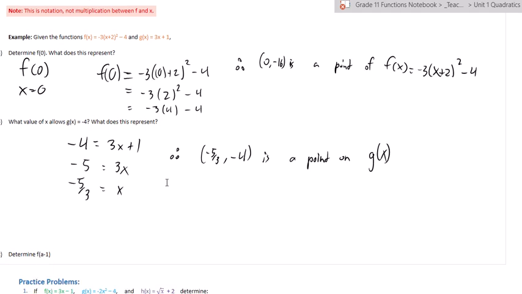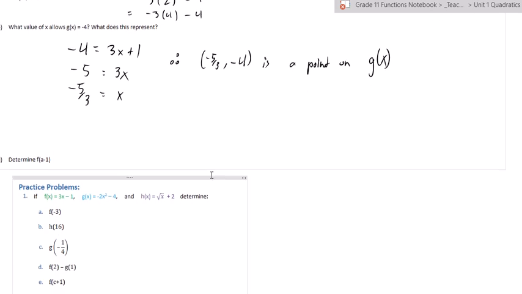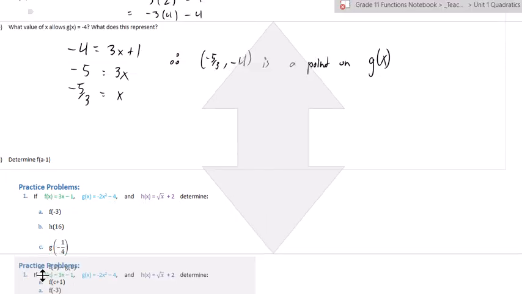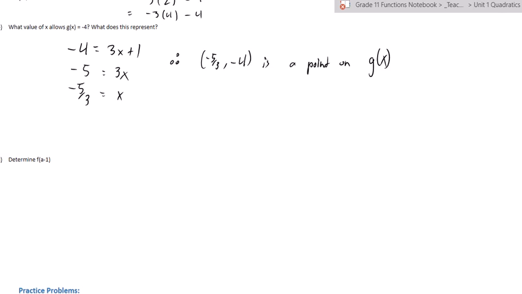Now finally, we're going to determine f of a minus 1. You're not always going to be encountering just a value that you substitute in. It might be an expression itself. So we know that f of x is equal to negative 3(x + 2)² - 4. In this case, we're being told that x is equal to a minus 1.